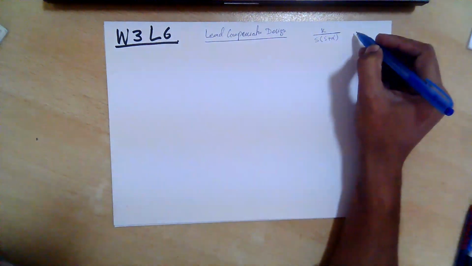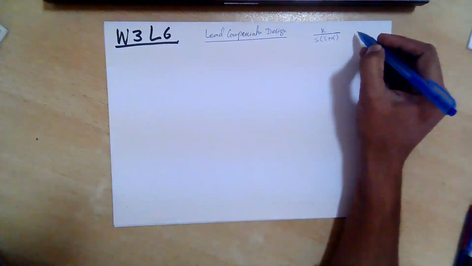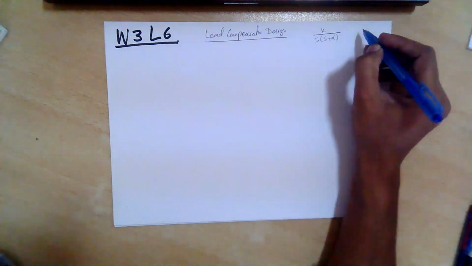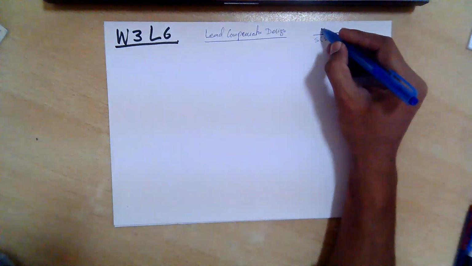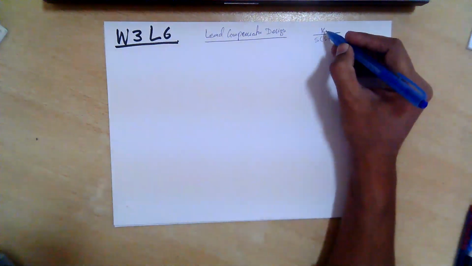So we had both the requirements directly related to the loop transfer function. And we calculated the value of k in the previous example, which was example 10.2.